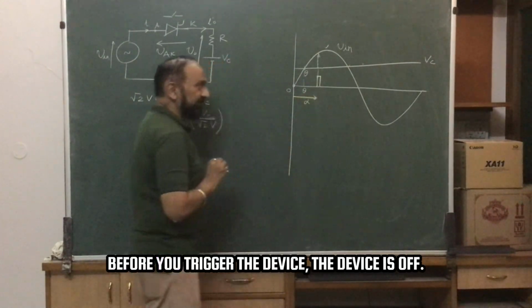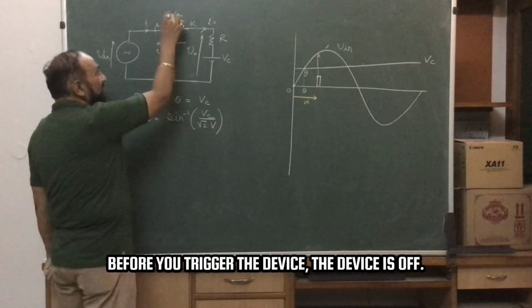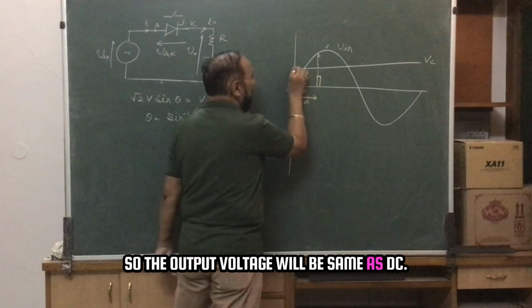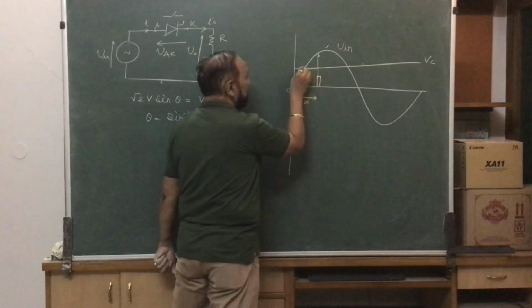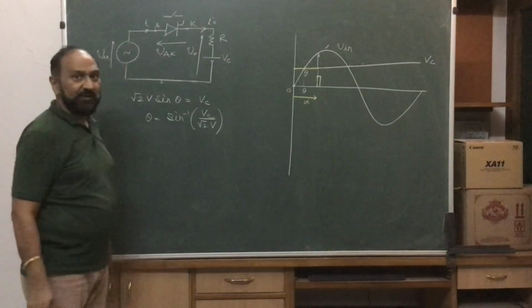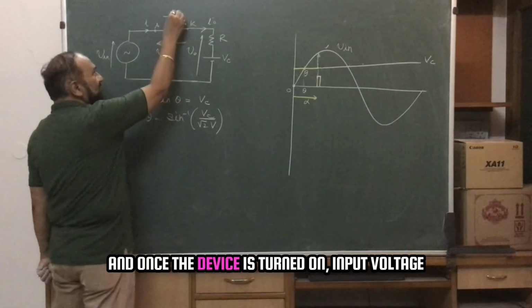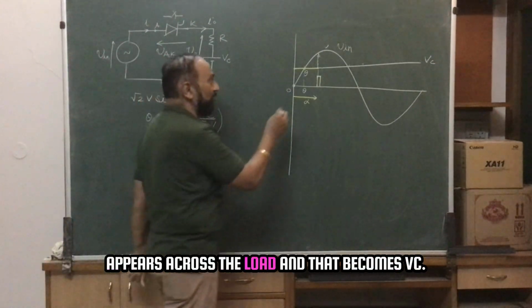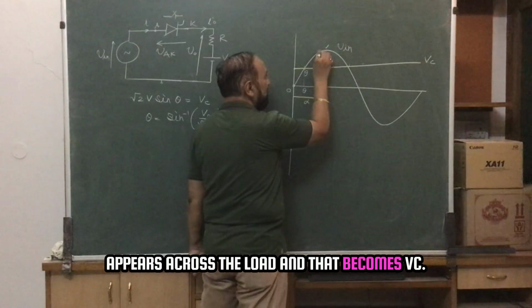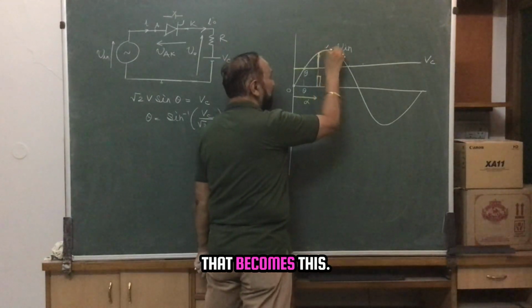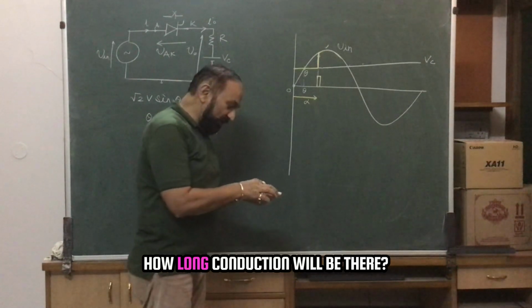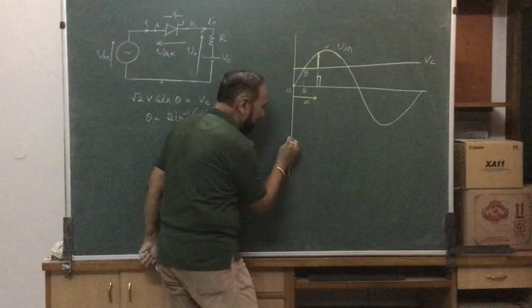Before you trigger the device is off, so the output voltage will be same as VC. And once the device is turned on, input voltage appears across the load and that becomes this. How long conduction will be there?